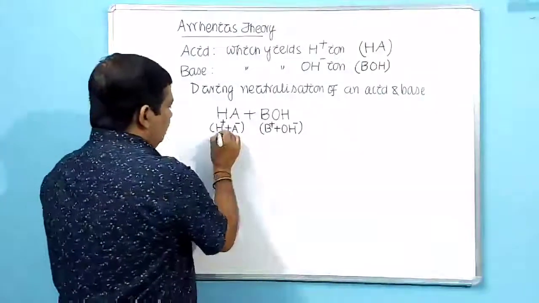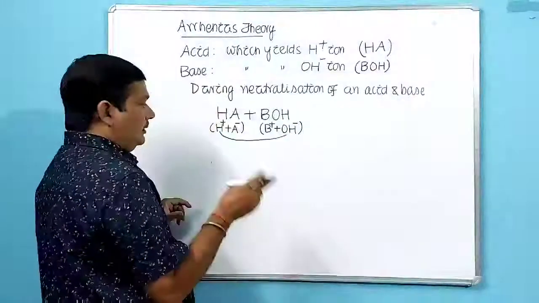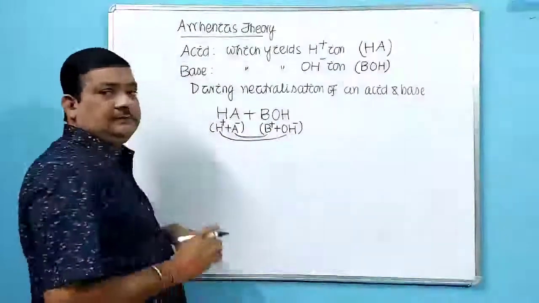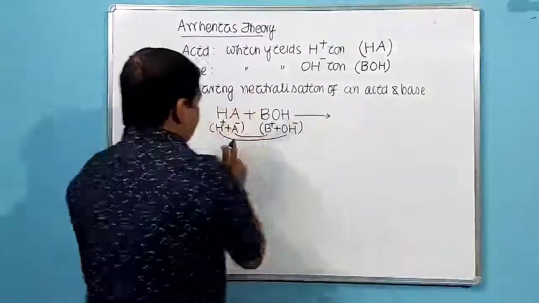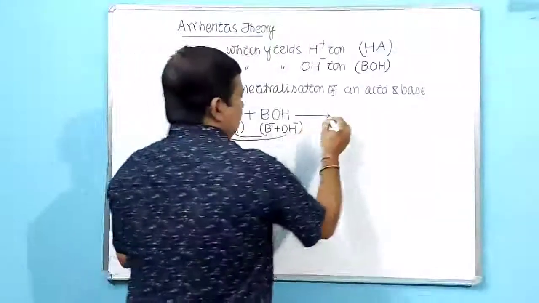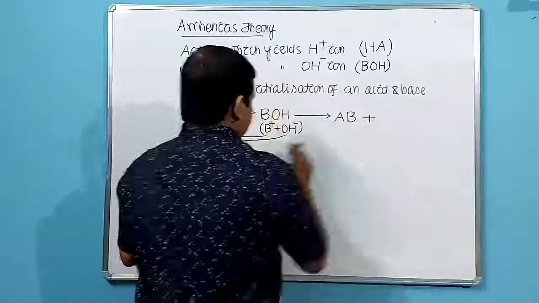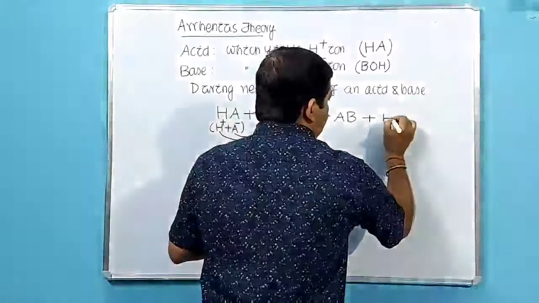Okay. So here H plus will combine with OH minus to form water. Then A minus will combine with B plus to form a substance AB. So in neutralization, look, what will A minus plus B plus be? It will be AB, plus H plus OH minus, which will be water.